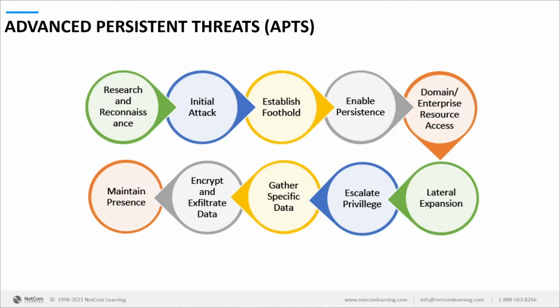We need to at least know who we're talking to, not what the actual information in the communication is about. And they're going to maintain presence as long as they can. They may have been in there and gone.